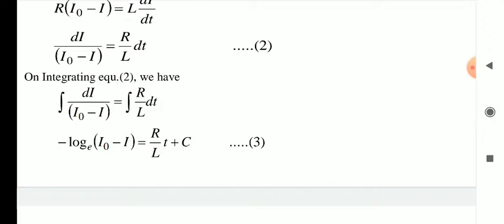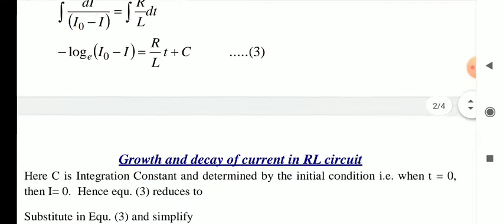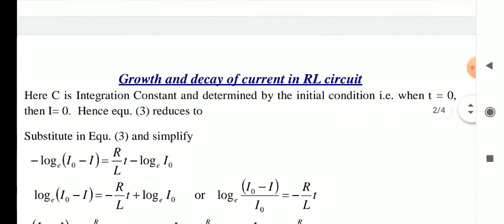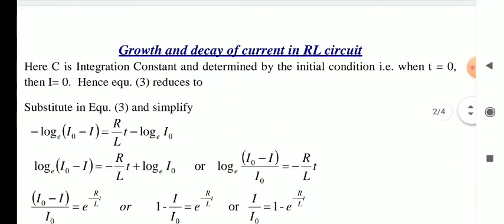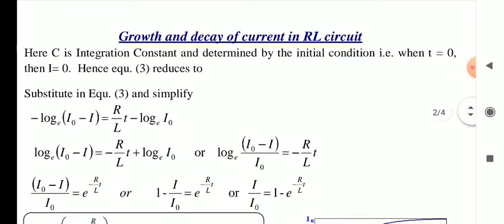On integrating equation number 2, we get equation number 3, that is minus log to the base e of bracket I naught minus I is equal to R by L into t plus C, where C is called the integration constant, and it is determined by the initial condition. That is, when t is equal to 0, the current I is equal to 0.